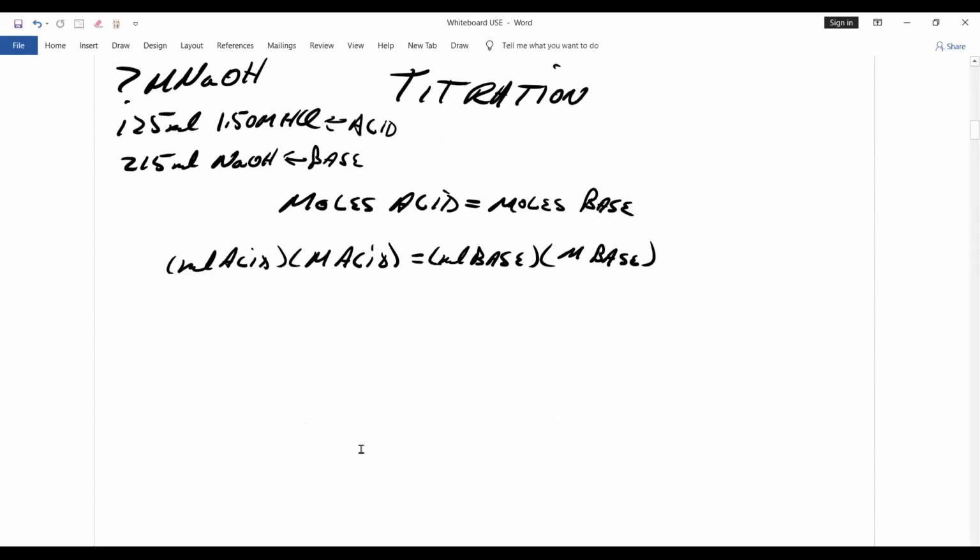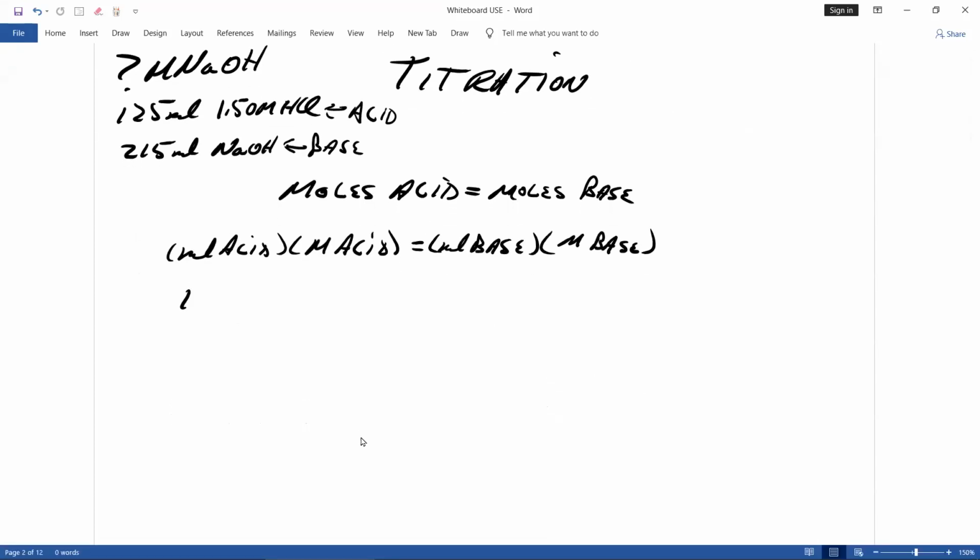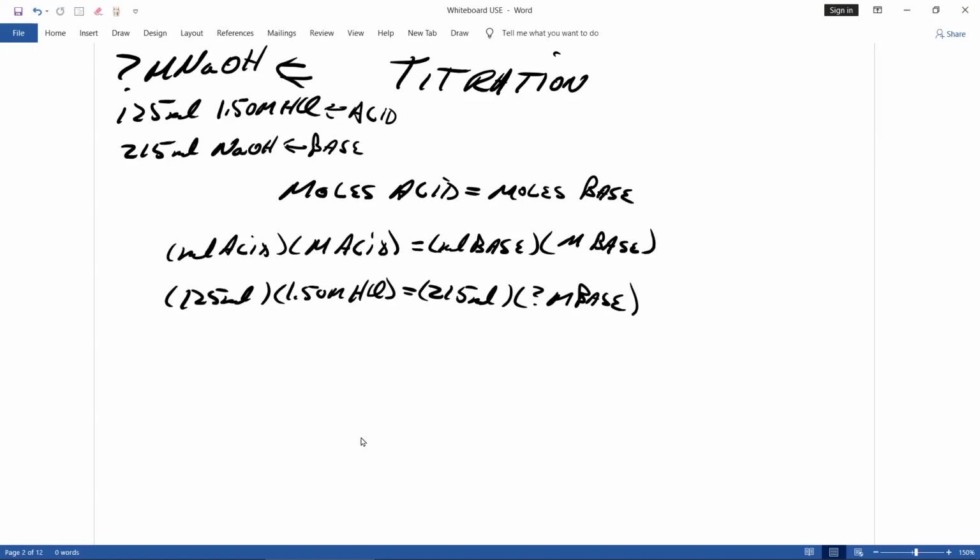Now I can go ahead and say we have 125 milliliters of acid times 1.50 molar HCl equals 215 milliliters of base times, I don't know what the molarity is. Why don't I know that? Because that's what you're being asked to find. So we have to solve for this.